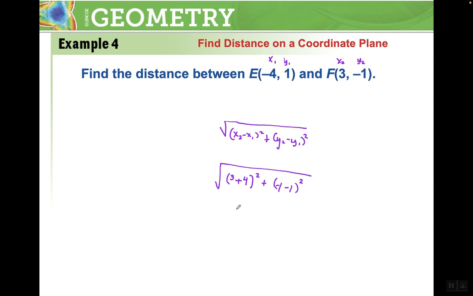So we have 7 squared, which is 49. And we have negative 2 squared, which is 4. And the square root of that. So you have the square root of 53. That is your answer. You can leave it like that, because that's an exact answer, square root of 53. Square root of 53 is an irrational number, so if you put it in your calculator, you will have to give an approximate answer.